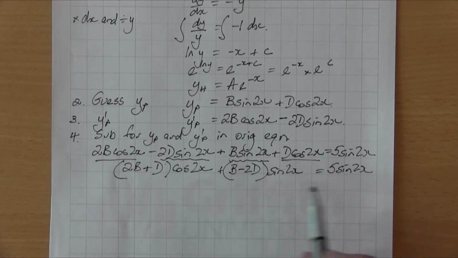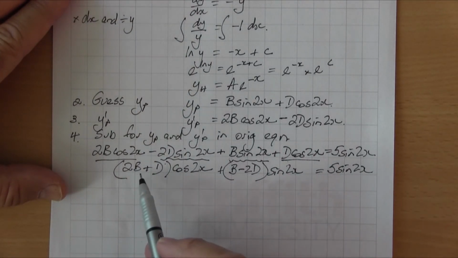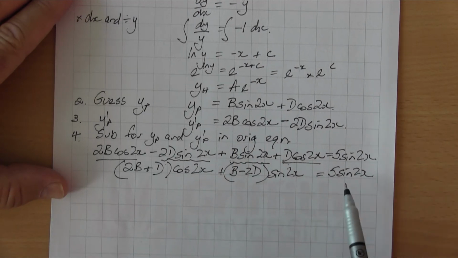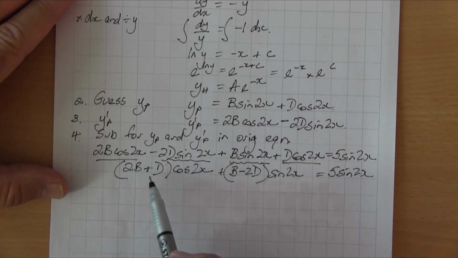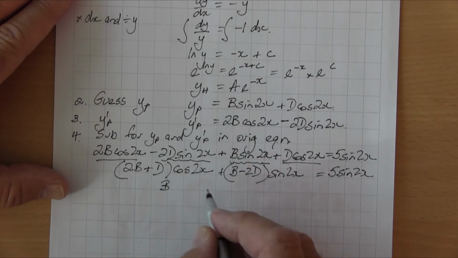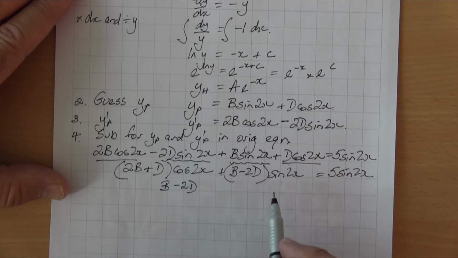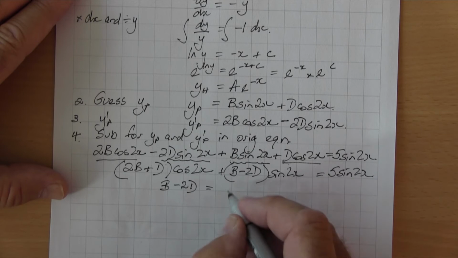Okay, if we have a look at this equation now, just remember we're trying to find a value for b and a value for d here. We've got one equation with a couple of unknowns, b and d here, but if we look, we've got a term over here with sine 2x. This is a cos 2x, and this is the sine 2x. So that means that this value here must be equal to the coefficient there. So we've got b minus 2d is equal to 5.